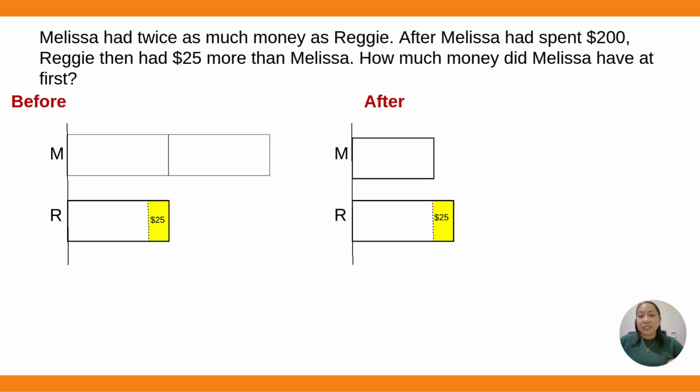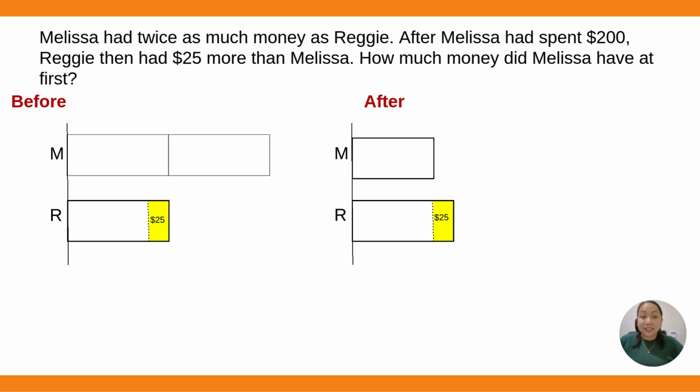Always remember that it's very important for you to visualize the similarities and differences of your before and after model. That's an important part in understanding your before and after word problem. So, earlier we already mentioned that there's nothing that's changed in the money of Reggie before and after because he didn't spend any amount, right?